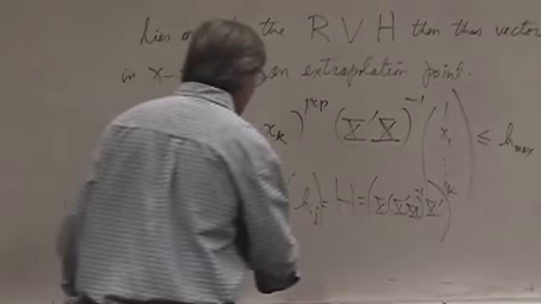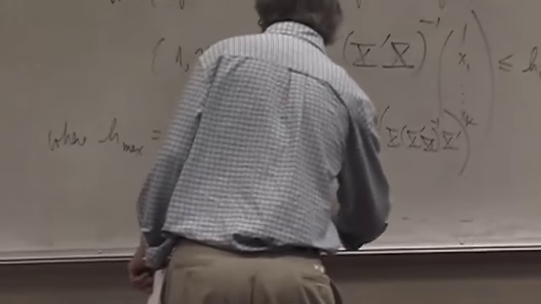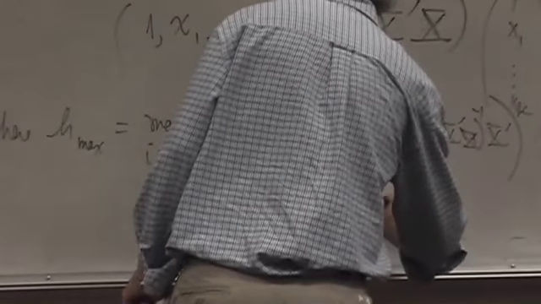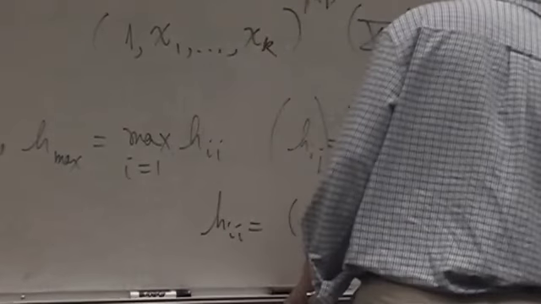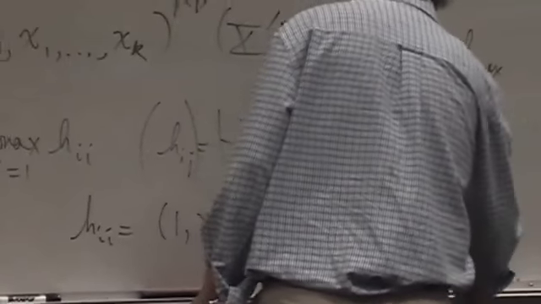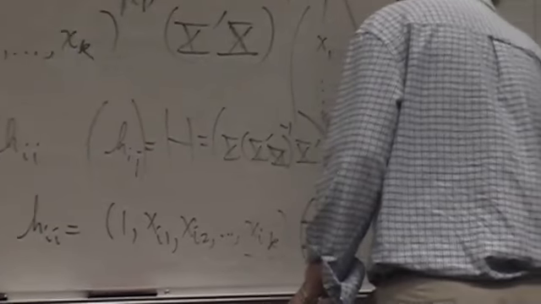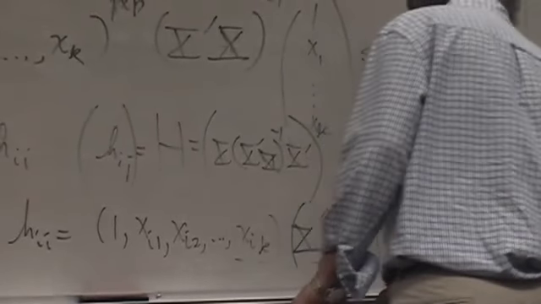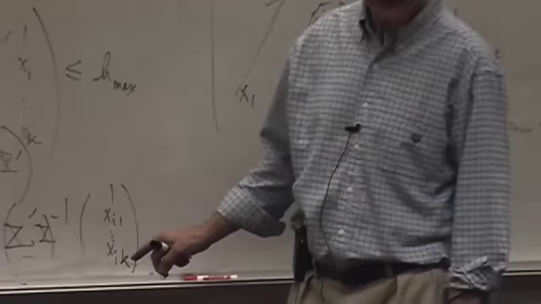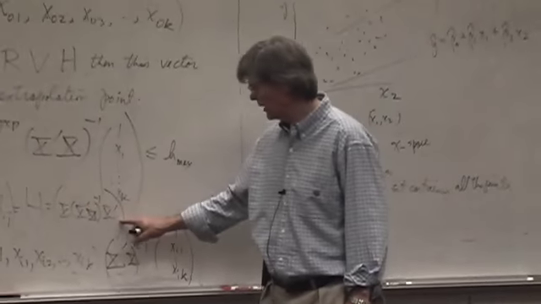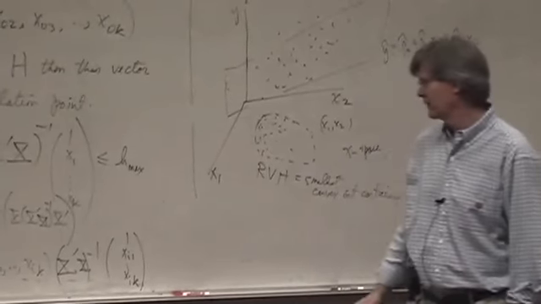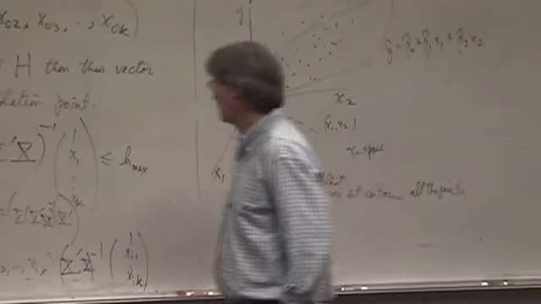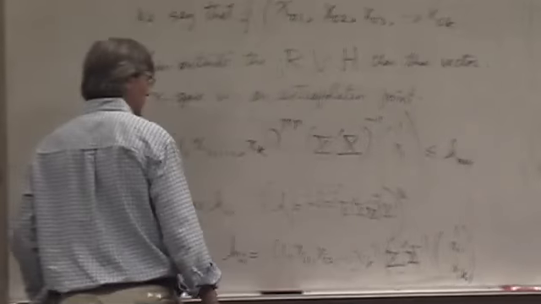Notice this, that Hii is equal to 1, xi1, xi2 up to xik, and then (X prime X) inverse times 1, xi1 down to xik. That's how we've defined Hii. It's a diagonal element, because this is the diagonal element of this projection matrix, H. Is everybody kind of following that? And then, so if this is true, it's an interpolation? If this is true, then that's the interpolation region, yeah.